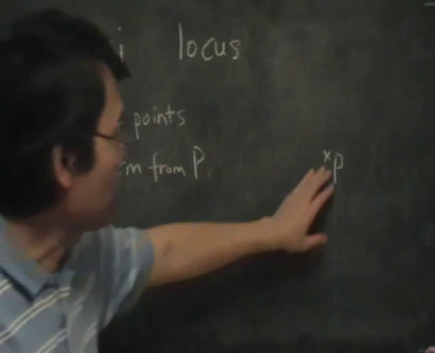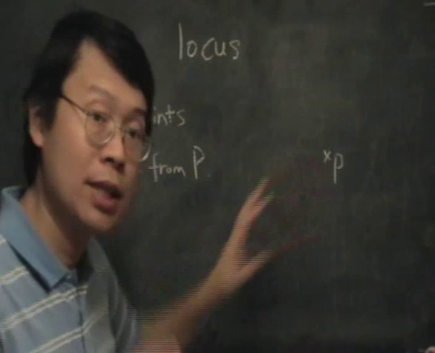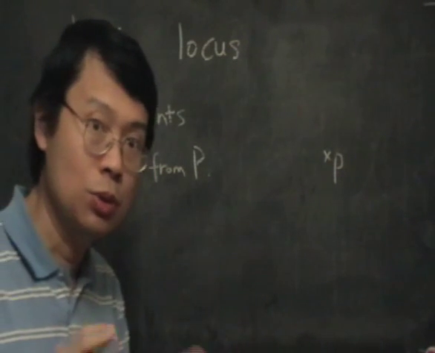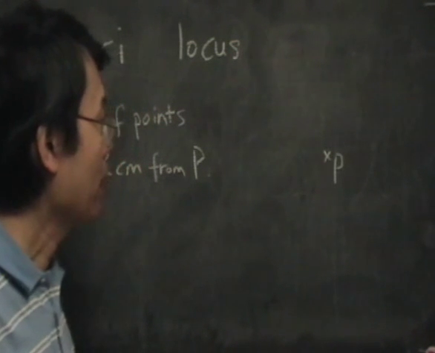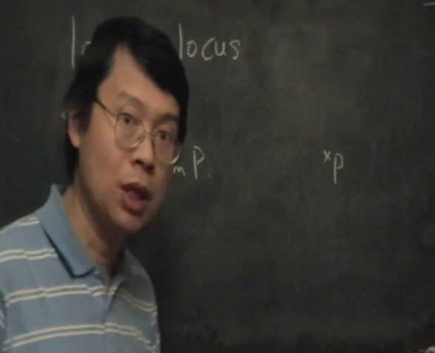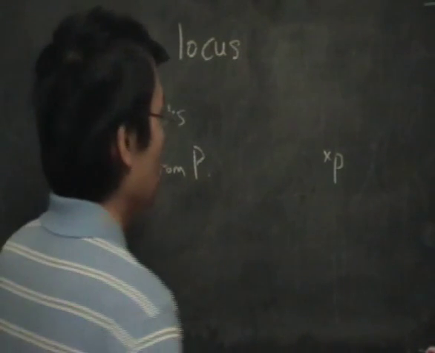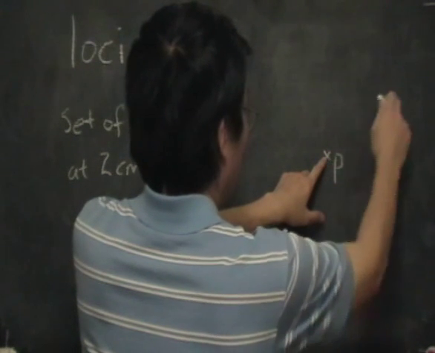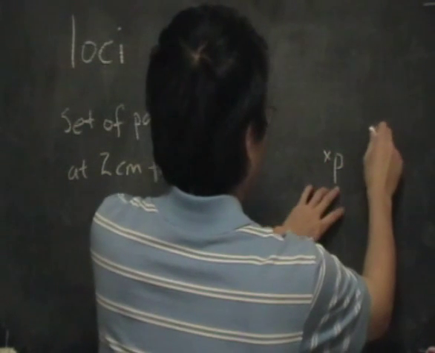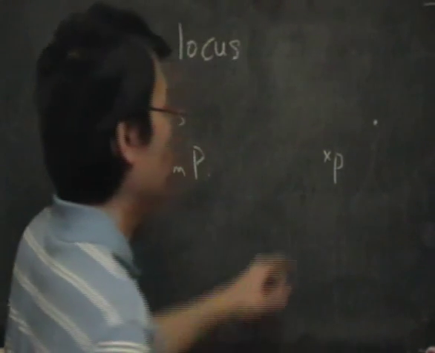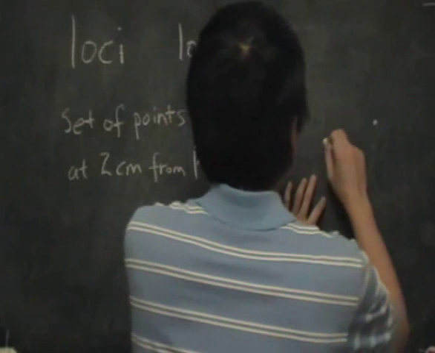So if you look at this point P and think about what are the possible points that are 2 cm from P, there are many possibilities. If you take a ruler and measure out a distance of 2 centimeters, say that way, you could find a point there, which is 2 centimeters.